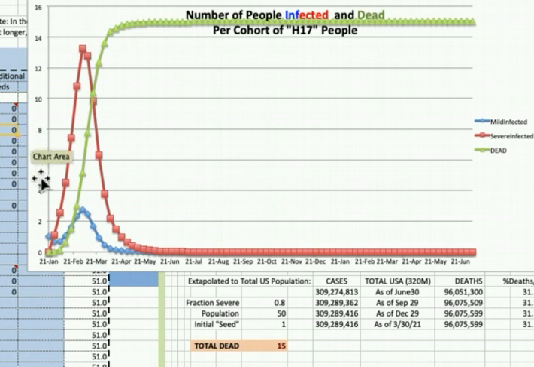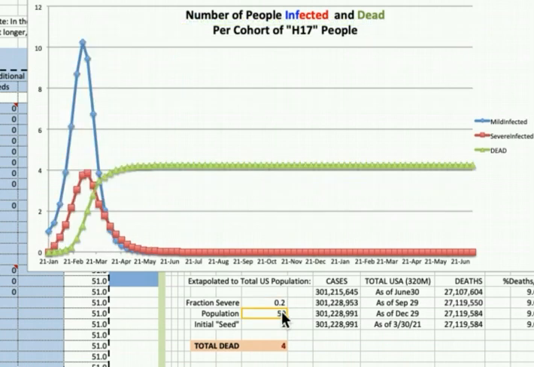So suppose we have a different thing. Perhaps our 50 people are in a juvenile detention or a jail or something, and they're pretty healthy. So the fraction of severe might now be, let's say, 0.2 or 20%. We do the simulation again, and the total number dead are just 4, which is improvement, but it's still almost 10%.